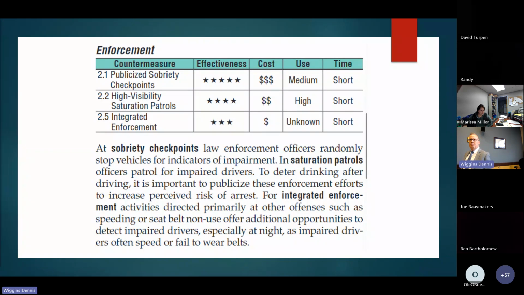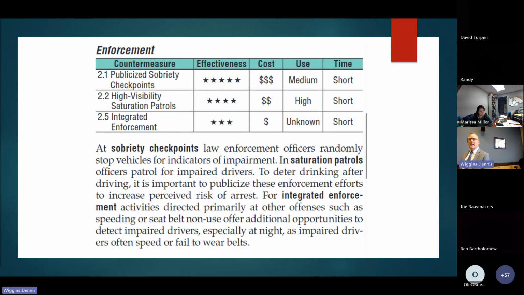And so this is probably our most popular project through our office, with law enforcement agencies across the state. I think it's upwards around 200 law enforcement agencies across the state that engage in traffic enforcement activities. It's an effective countermeasure through high visibility saturation patrols and integrated enforcement.